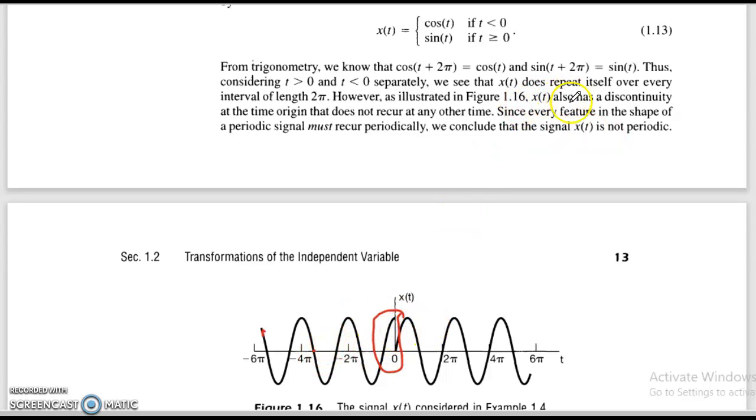X of t also has a discontinuity at the origin, and this does not recur at any other time. Actually, this period is 2 pi only. Here it finishes, then here, then here. Like that, it is not periodic, because it must recur periodically.